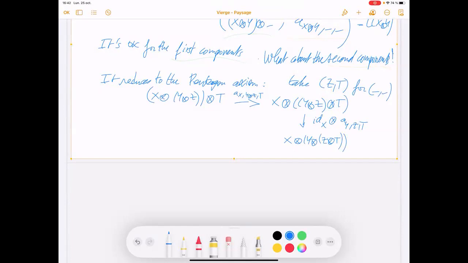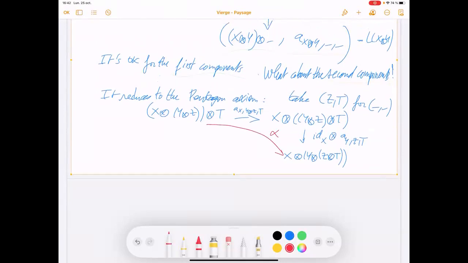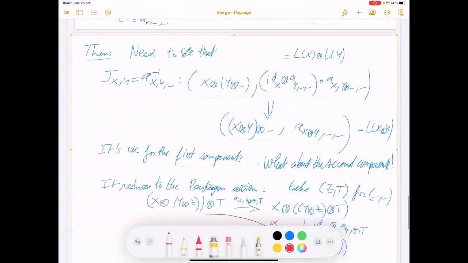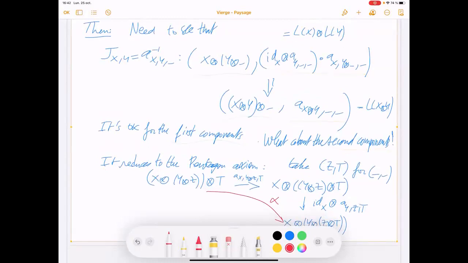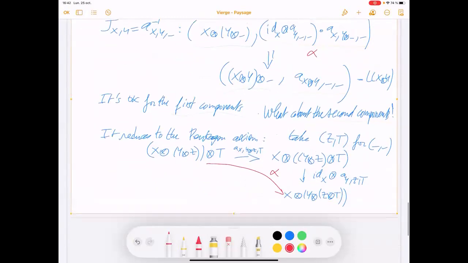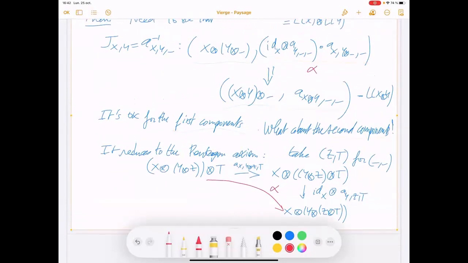Okay, so what we already get. Let's call the map from here to here alpha. It is not really alpha, but it corresponds to alpha.